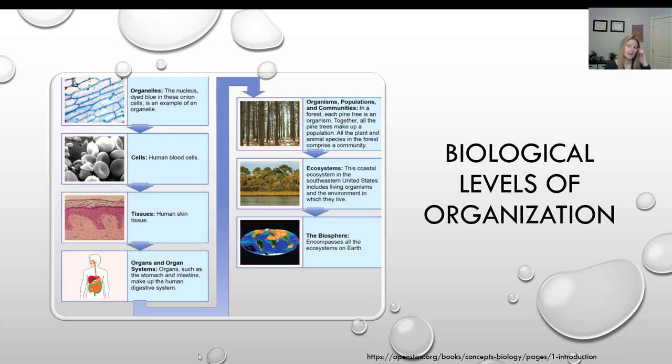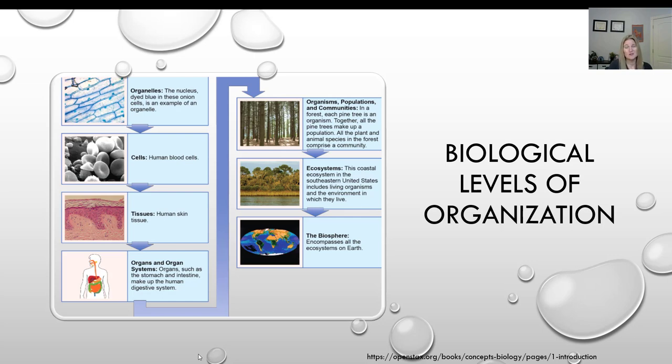Or maybe I want to see how different tissues work together to function in, for example, the breaking down of food particles in my stomach, an organ. Or maybe I want to see how the stomach is part of a process of breaking down my food and it's working together with other organs, such as my small intestine and my pancreas and so forth, to break down the nutrients in that food source.